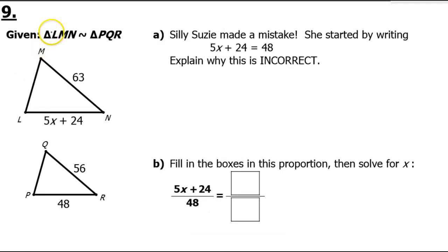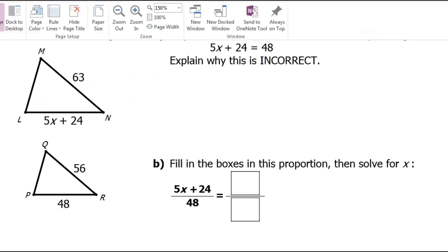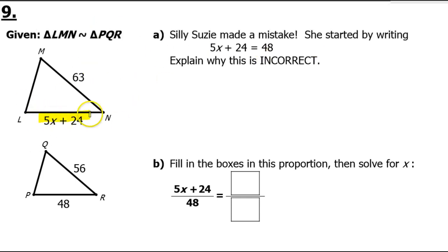Well, we are given that triangle LMN, shown here, is similar to triangle PQR, shown here. Not congruent, only similar. Silly Susie made a mistake. She started by writing 5x plus 24 is equal to 48.